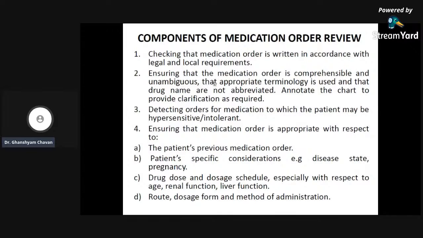That appropriate terminology is used. That drug names are not abbreviated. Sometimes we write in short form. We have a habit of writing drugs in short form, which we are not supposed to do. At any cost, we cannot do that.